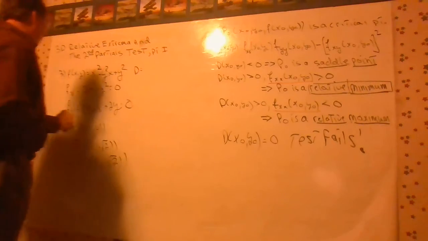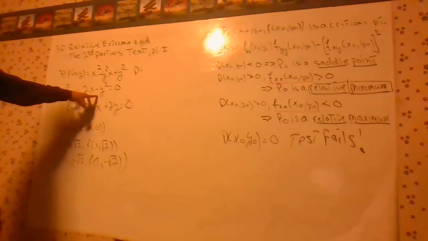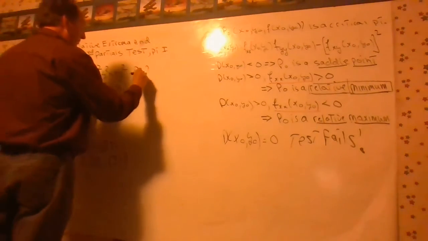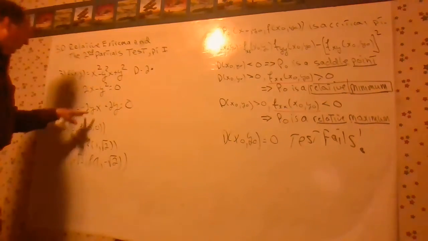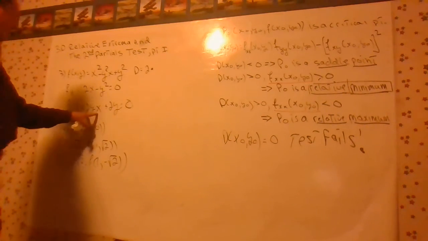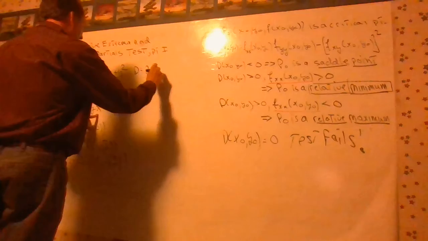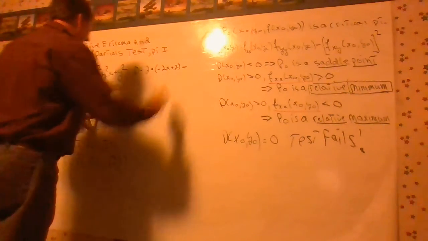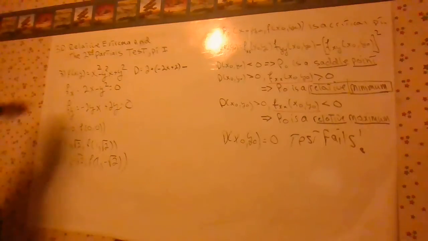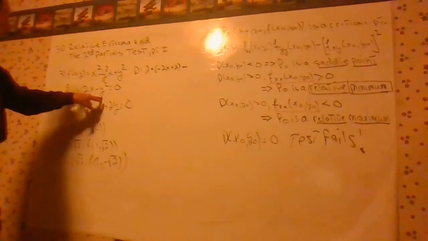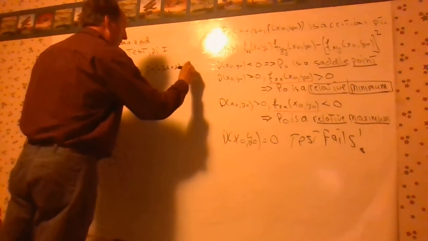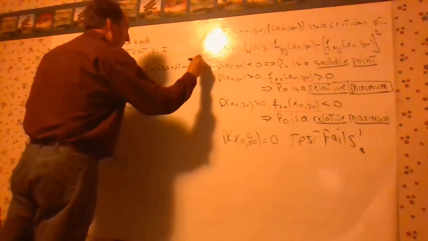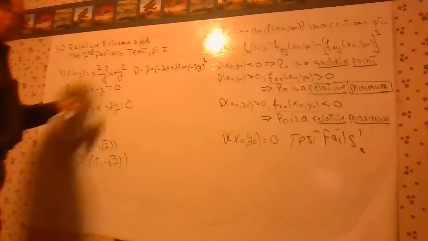D is fxx times fyy minus fxy squared. Let's see, the second x partial is 2. The second y partial is negative 2x plus 2. Minus, now the mixed partial, we could do a y partial of this, negative 2y, squared.